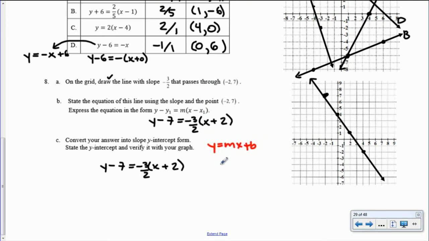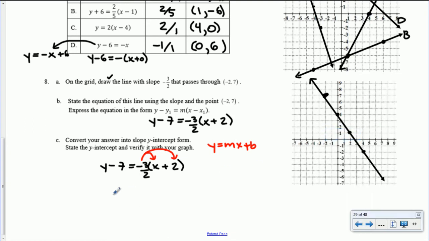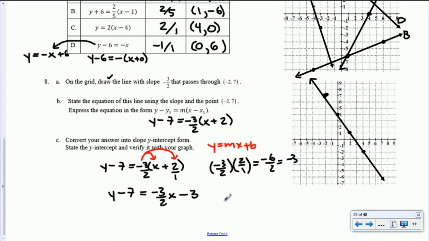So I don't want to have these brackets here, so I need to distribute this into each thing there. So let's go ahead and do that first. y minus 7 equals -3/2 x. -3/2 times 2/1, that'd be -6/2, which reduces to -3, right?